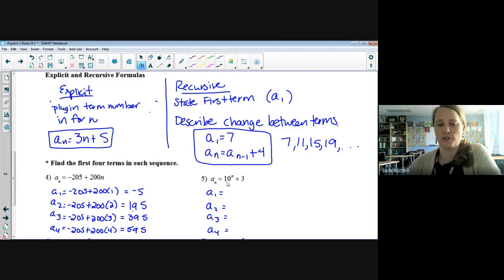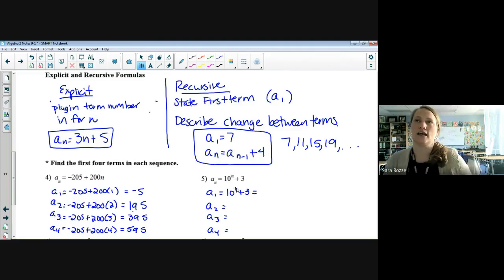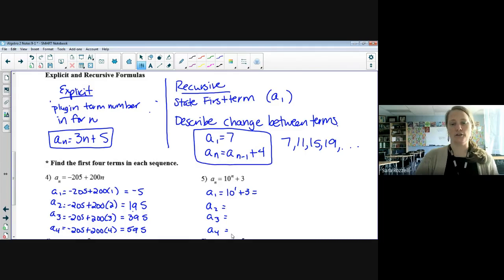So I'll get you started on the first one. First term means we plug a 1 in for n. 10 to the first plus 3. Then you'll do 10 to the second plus 3, then 10 to the third on your equations. So go ahead and fill that out and get your answers, and we'll check and make sure everybody got all of those.